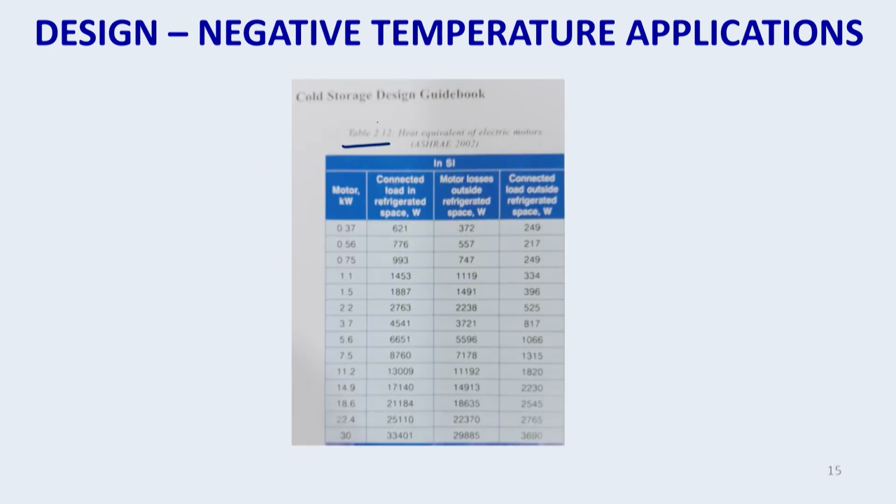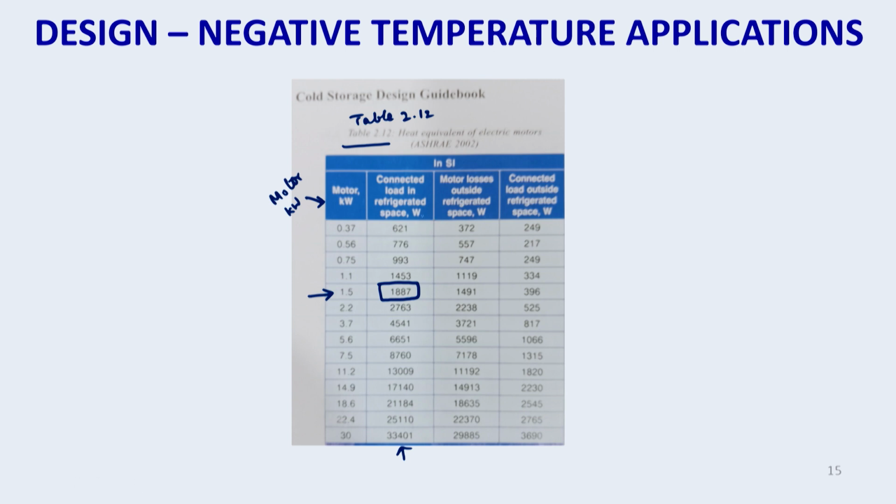This is table 2.12, motor kilowatt, and this is the column which we have to refer to, connected load. It is given 1.5 kilowatt, that is the fan power. 3 fans are used. 1.5 is here and the connected load is 1887 watts.